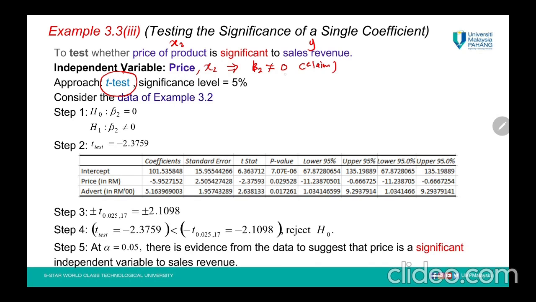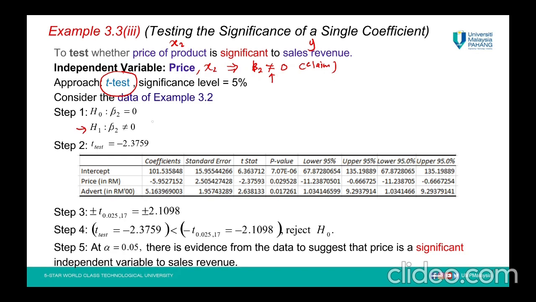Since the inequality used here is not equals to, the claim is under H1. In this example, we use t-test. So t-test is under the traditional approach, where hypothesis testing consists of 5 steps.